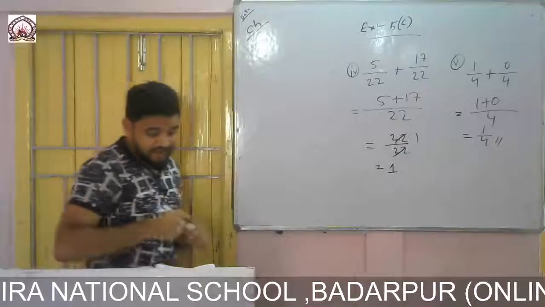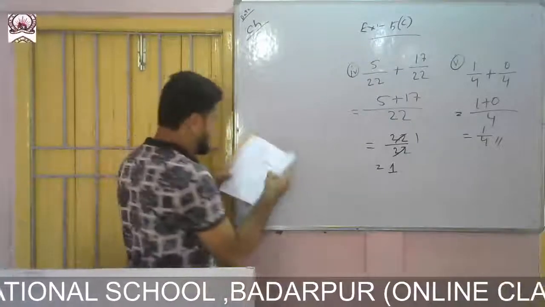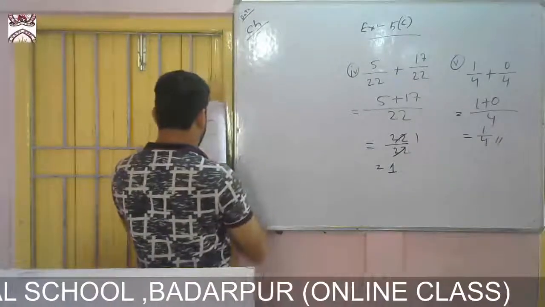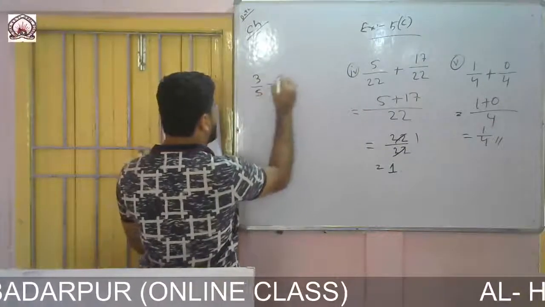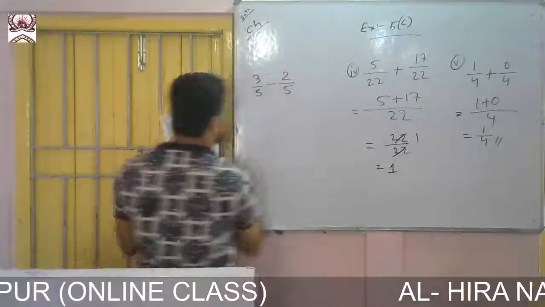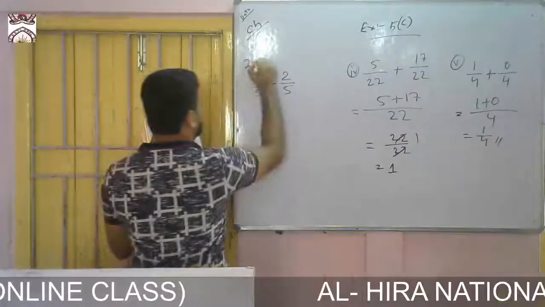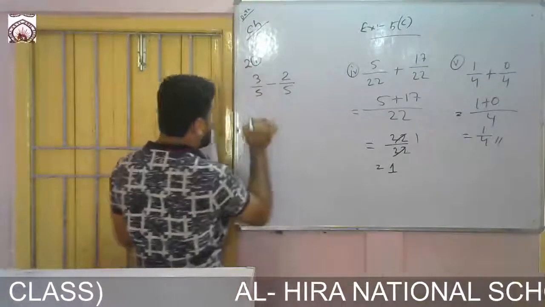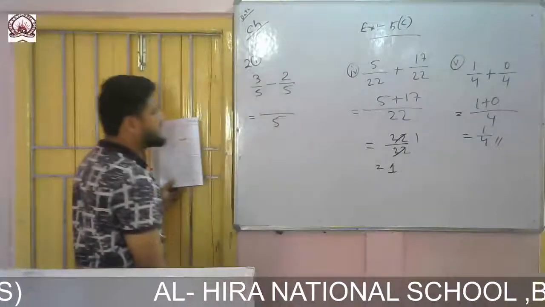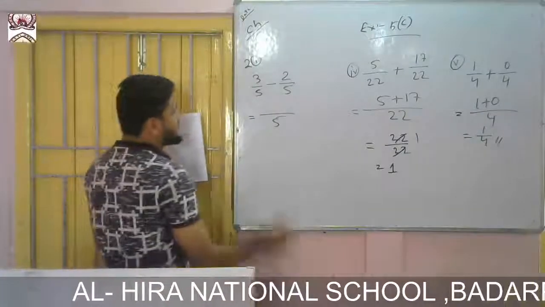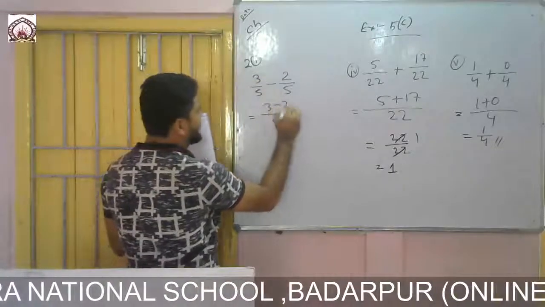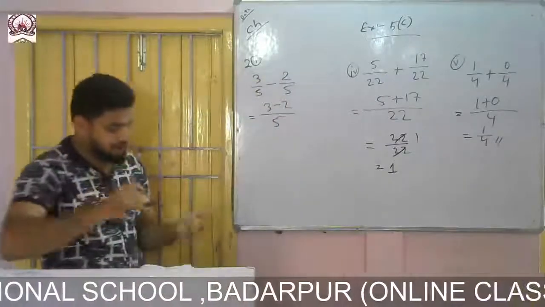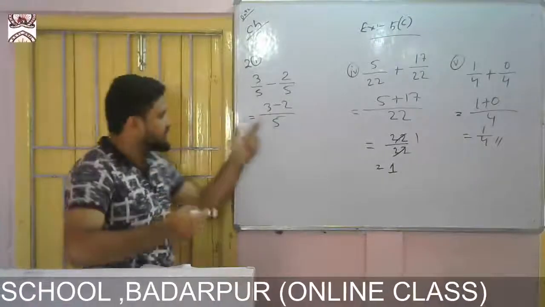So the LCM will be 5 because the denominators are the same. If the denominators are the same, then you can directly write 3 minus 2, whatever the numerators are. And if you apply the method, it will come the same.